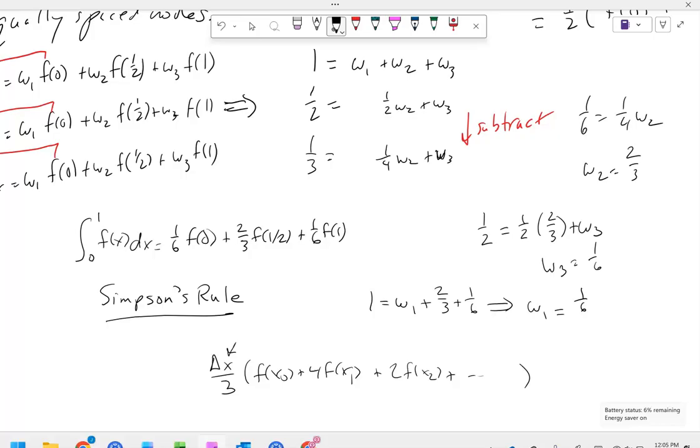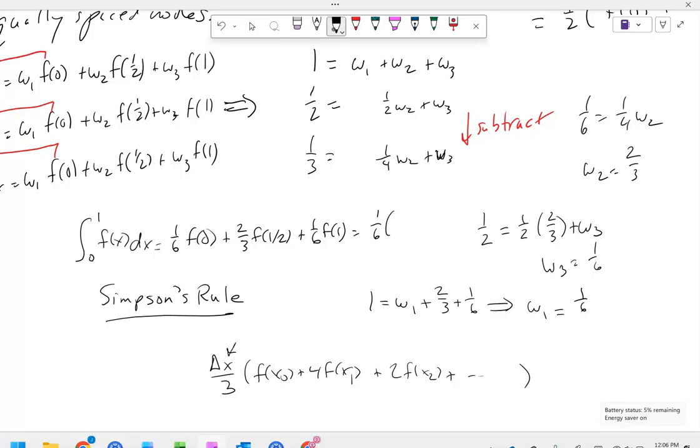Let's think about how we set this up. We did equally spaced nodes on the interval from 0 to 1. We did 3 nodes. What would be your delta x in that case? A half, right? Your delta x would be a half here. So looking up here, I can pull out a 1/6 out of everything.